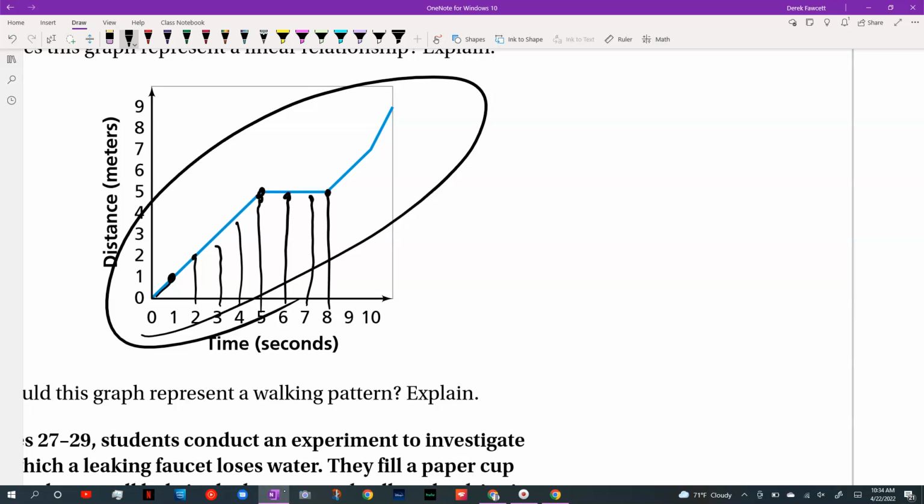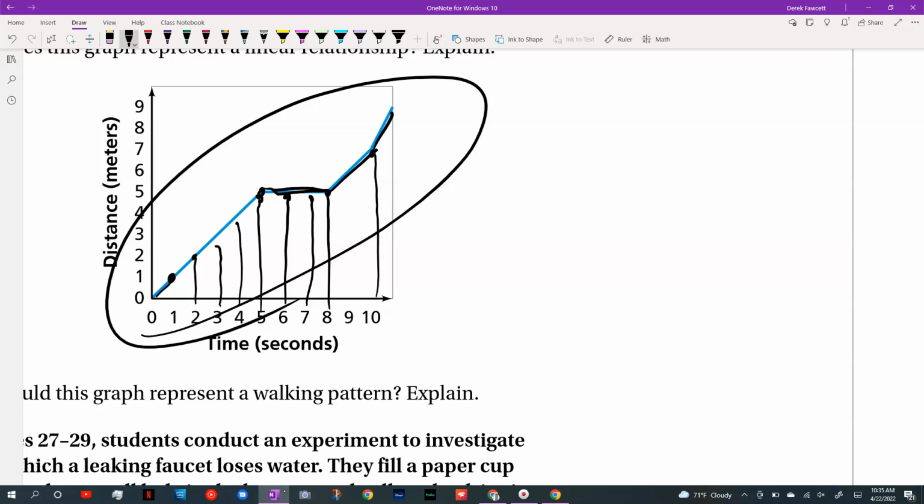Now, at 8 seconds, they start walking again. It's the same, still about 1 meter per second. And then at 10 seconds, they walk faster. But here they stop. Then they continue walking.